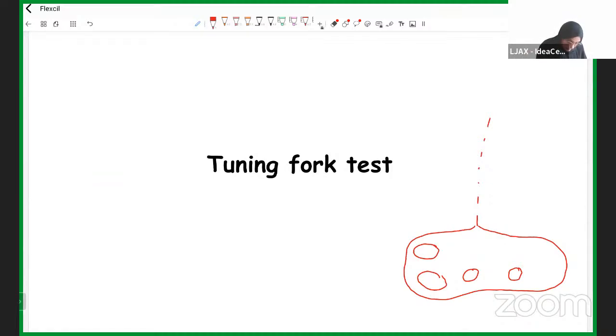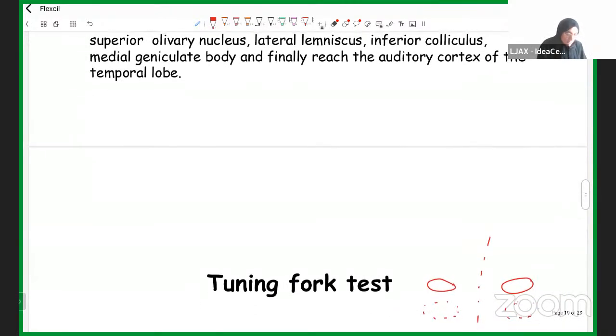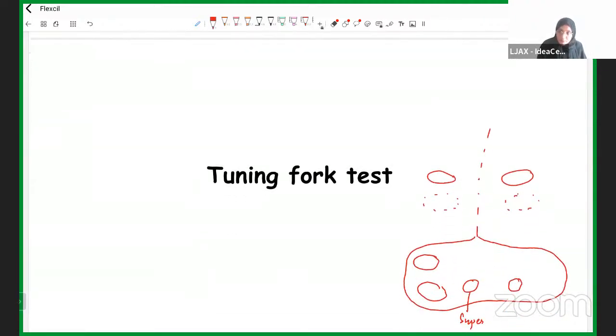So let's say this is the superior olivary nucleus, then we have the lateral lemniscus, inferior colliculus, and medial geniculate body, right? So it is medulla oblongata, midbrain, and from here it will enter into the auditory cortex like this.